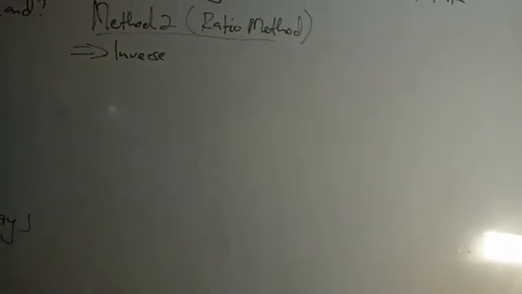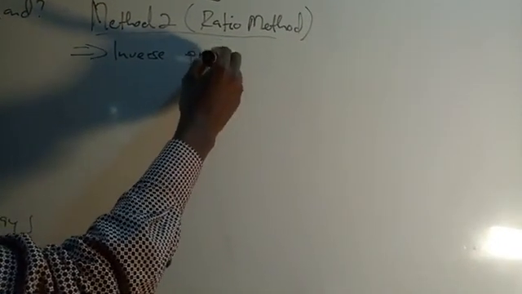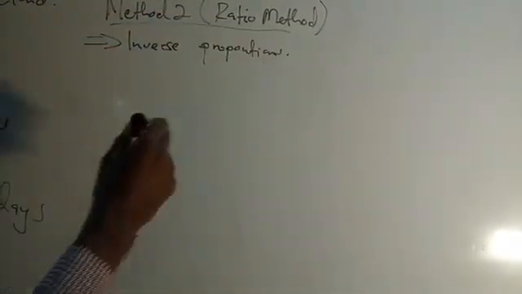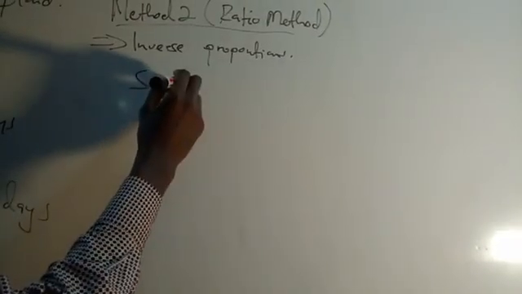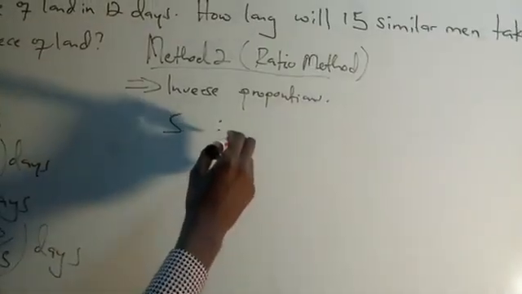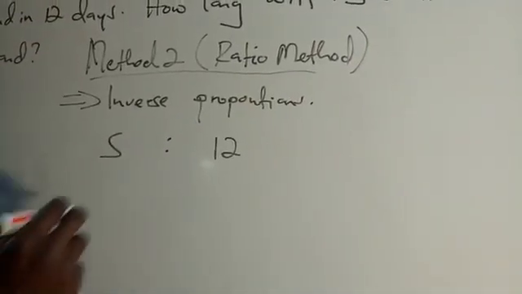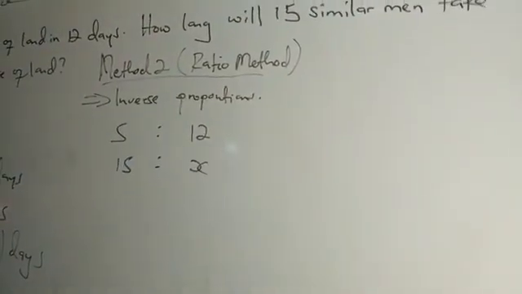Tomorrow we are going to look at them briefly. These are inverse proportions, meaning that 5 men take 12 days, so 15 men will take X days.